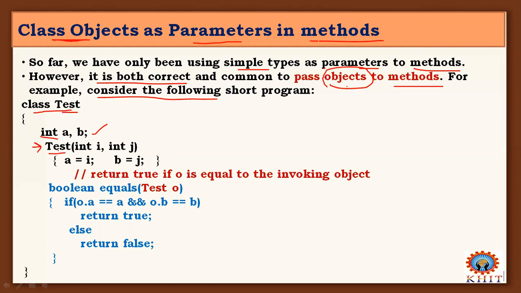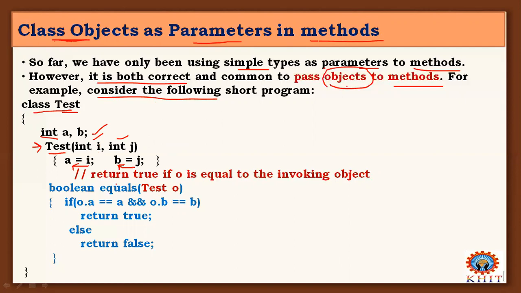It is a parameterized constructor with two parameters, and these two parameter values are used to initialize the class instance variables a and b, right? The behavior of this constructor is clear.